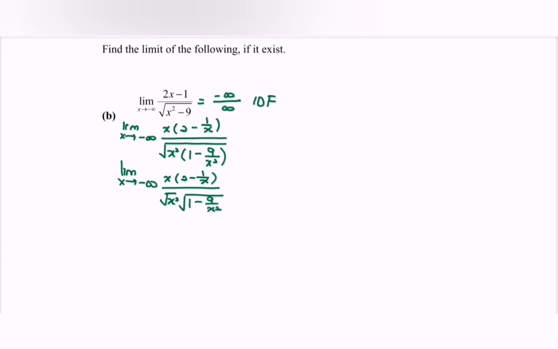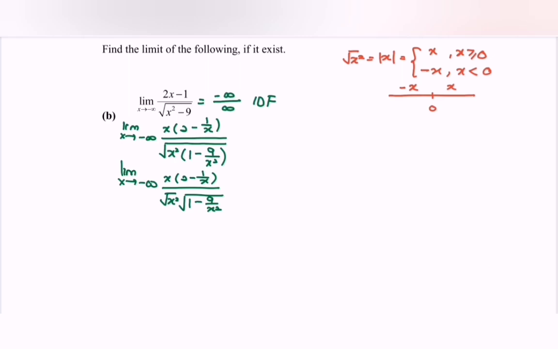Based on the definition, the square root of x squared actually equals the modulus of x, which equals positive x when x is greater than or equal to 0, and negative x when x is less than 0. Referring to the real number line, we have 0; for the left hand side we have negative x, and for the right hand side we have x.